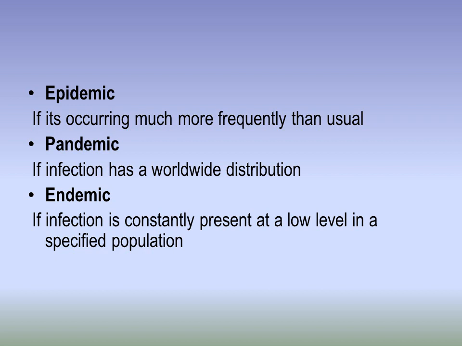And whenever it has a worldwide distribution, like what is happening in the case of coronavirus, this is called a pandemic. Whenever a disease or infection is prevalent at a low level in a specified population, like diarrhea cases, such infections are called endemic.